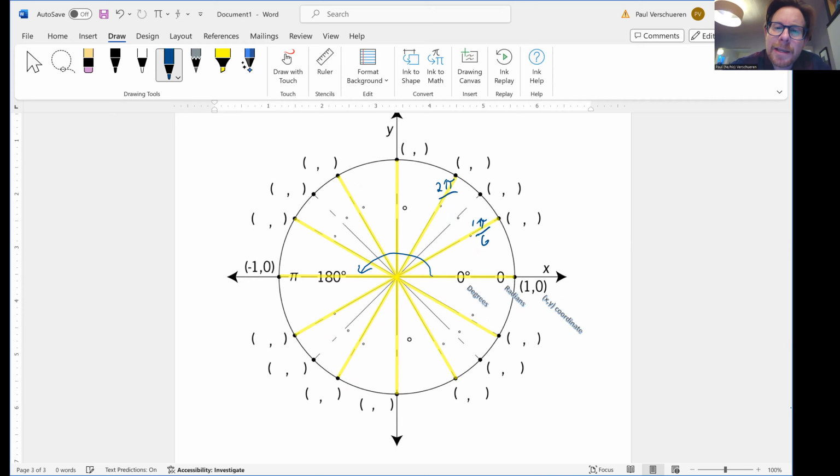And then this will usually be called pi over 3, because 2 sixths would simplify to 1 third. But in a way, it's easier to think of this as just 2 of those, right?